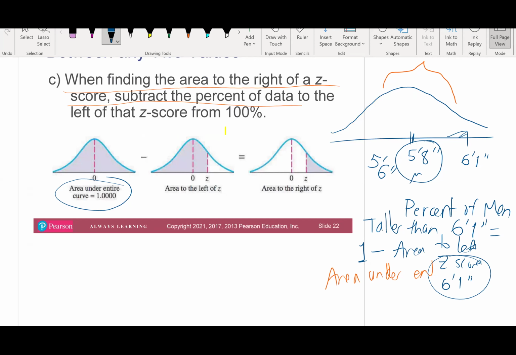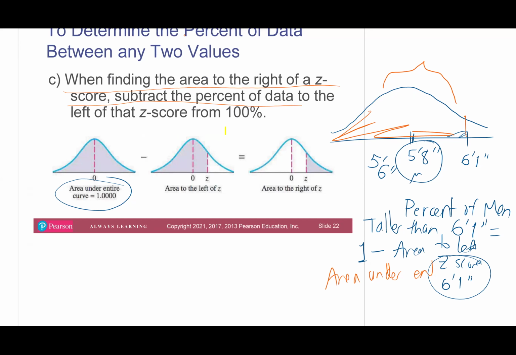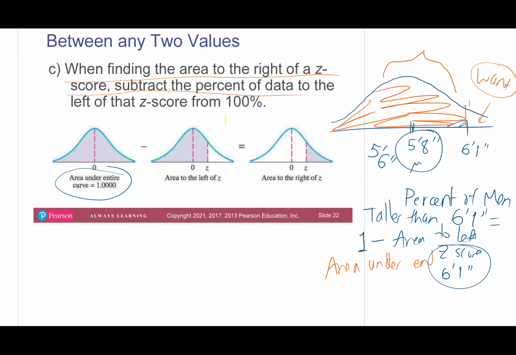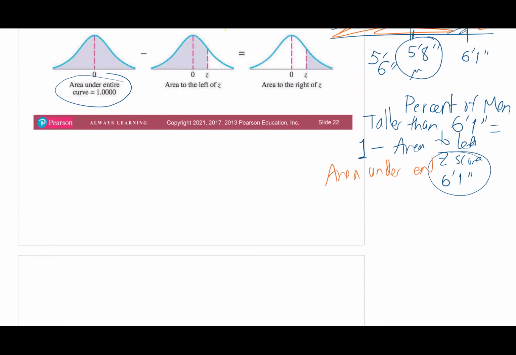I want to know the area under the curve to the right. But the table would give me this area. I want this area, because that's the percentage of men that are taller than 6'1". It's not so bad. If you want to know the area beneath the curve on the right, just take the result of the table away from 1.